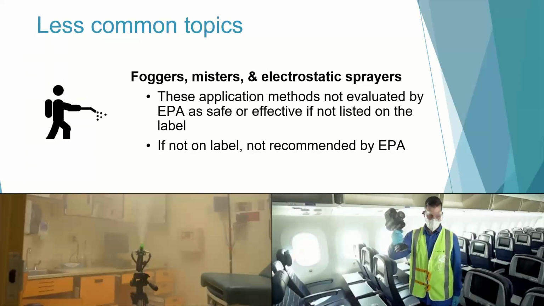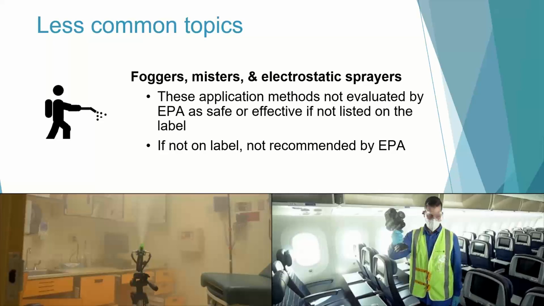So just a couple of other related topics. The application method for disinfectants is often things like wipes, like we've talked about, or spray bottle. But things like foggers and misters and electrostatic sprayers have been employed because they are really good at distributing the chemical.